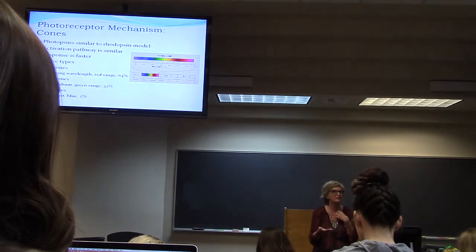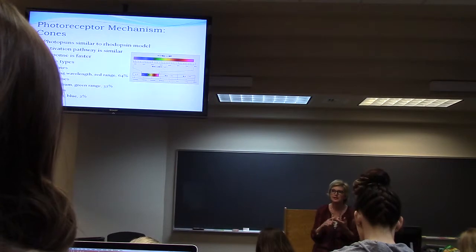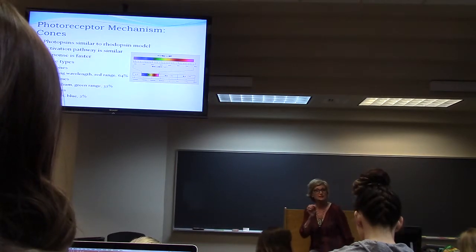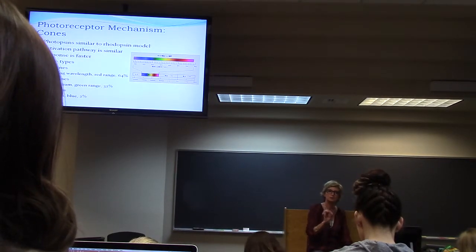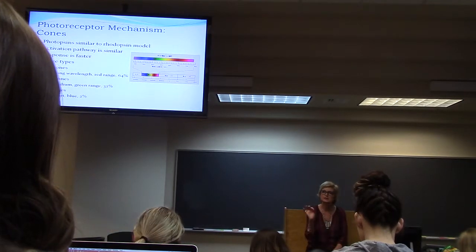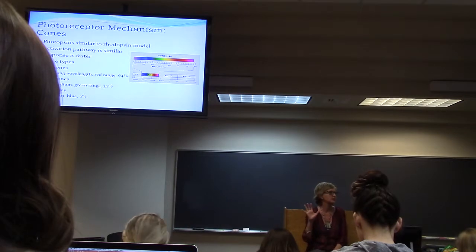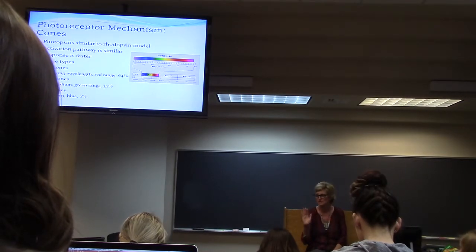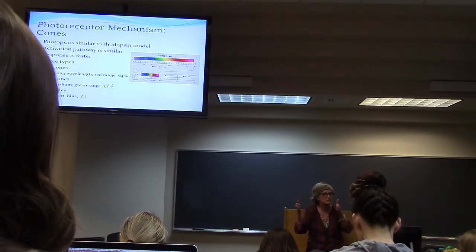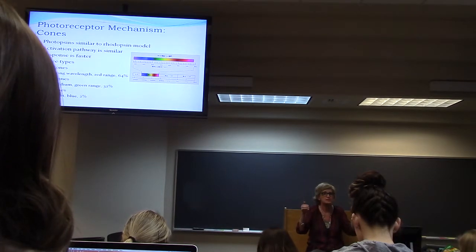It's just what wavelength of light excites that cell. And so for rods, they need low light, but there's no color. So it's all grayscale. But low light. Cones need a lot of light, but they can also see color. And so that's the only real difference. The activation is the same.